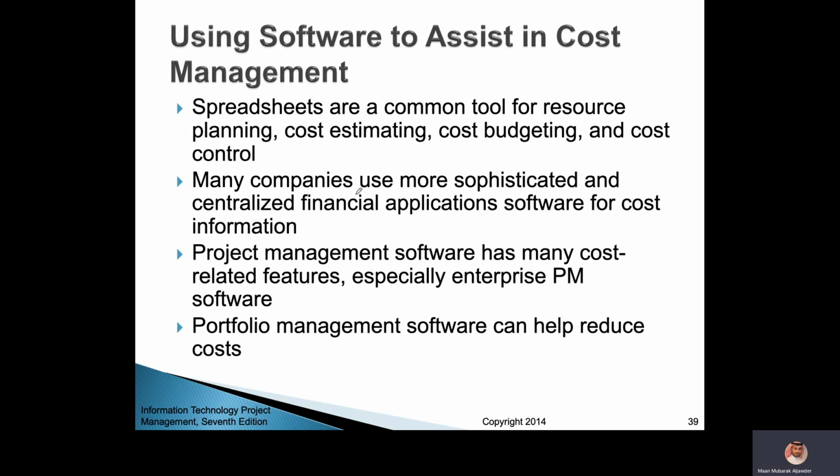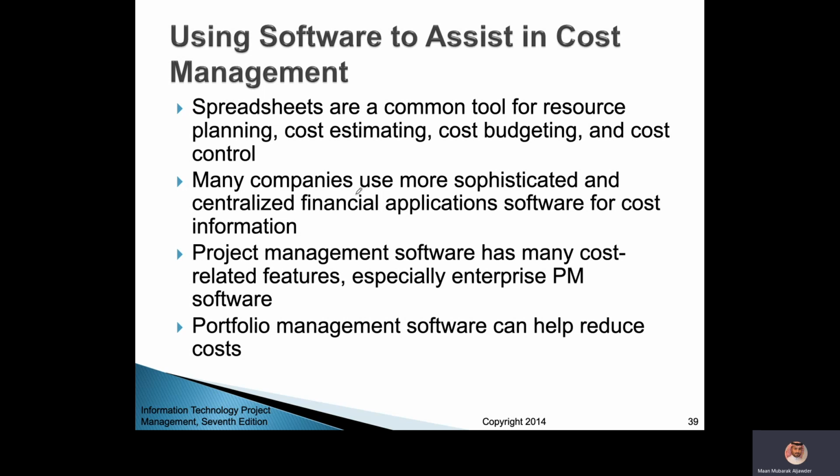Yeah, so the last thing here is using software in cost management. Using software will help you. For example, the estimates that I showed earlier, the budgets, you can use spreadsheets, or you can use some other sophisticated software to help you in documenting the budget and also maintaining it. Okay, you can also use, for example, Microsoft Project.